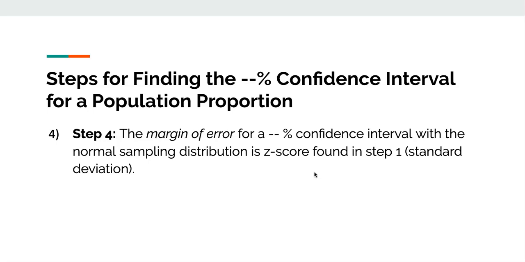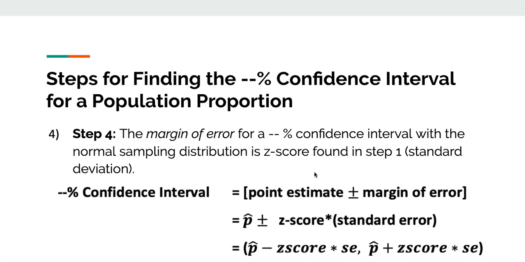It's by multiplying the z-score that we found in step 1 by the standard deviation that we just found in step number 3. We're going to multiply those two, okay? Multiplication is not difficult, but you gotta know that the margin of error is really the product of the z-score that we found in step 1 times the standard deviation we just found using the p-hat formula.